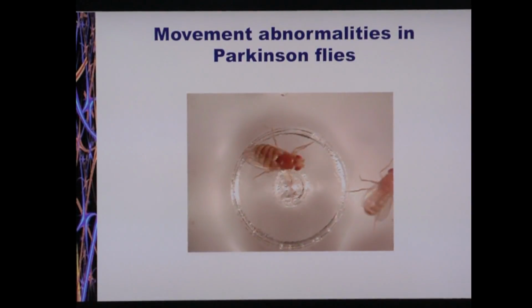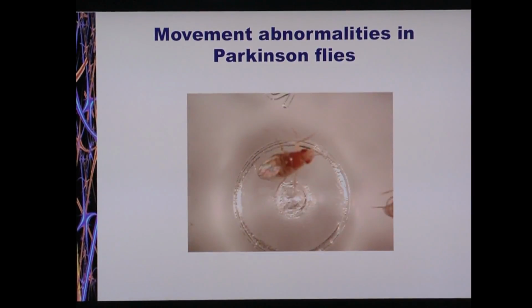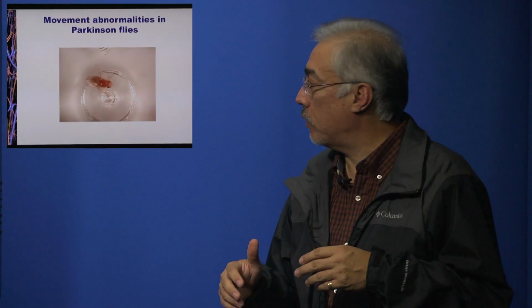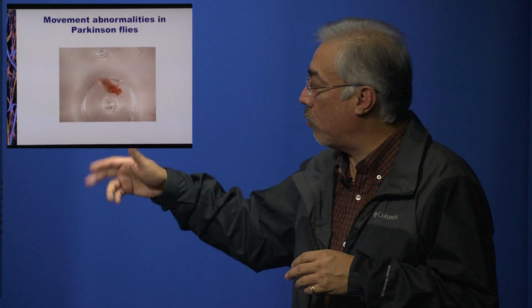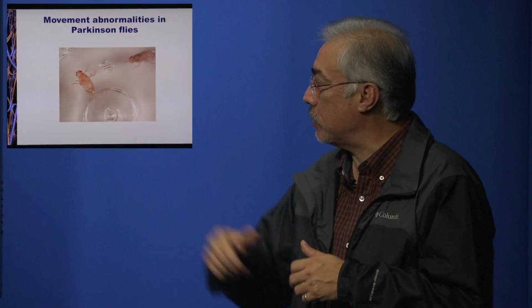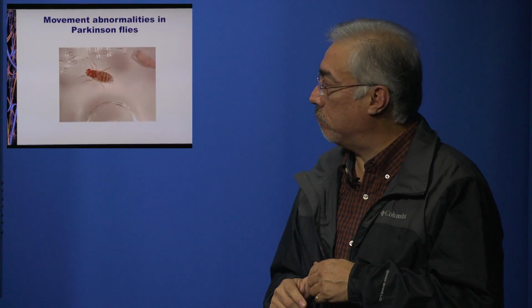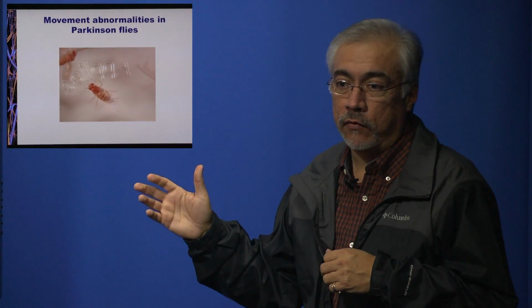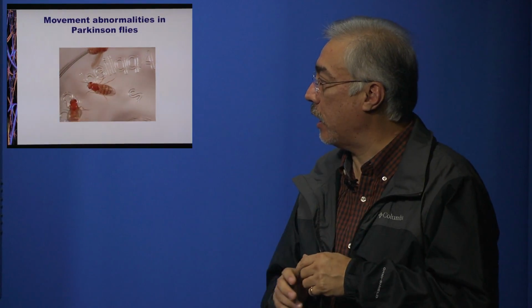You know, flies cannot... They are not stable. They're just trembling all the time. You know, they can roll over, as you can see there. Now these flies cannot move properly. They are in constant shaking all the time. They don't fly, actually.